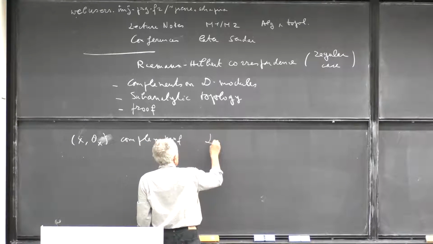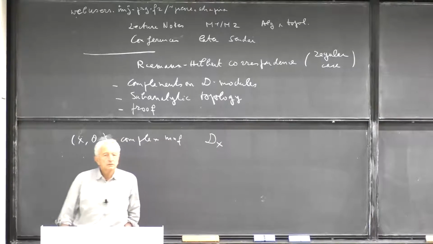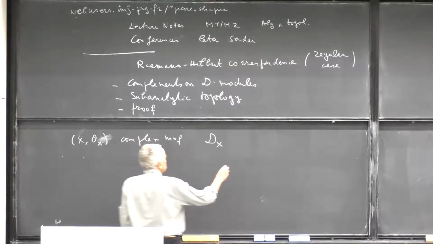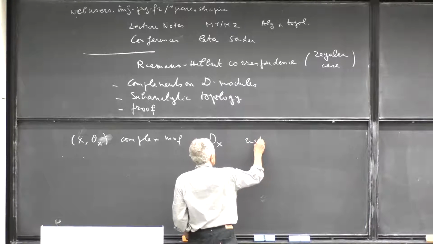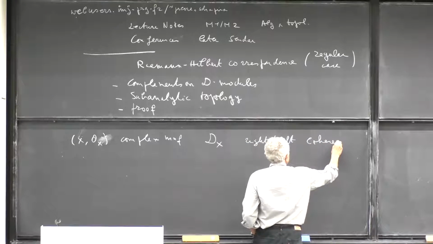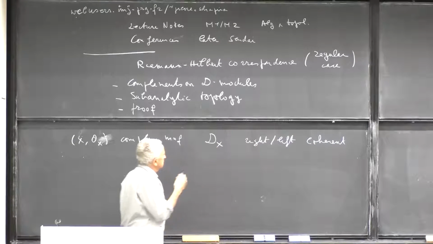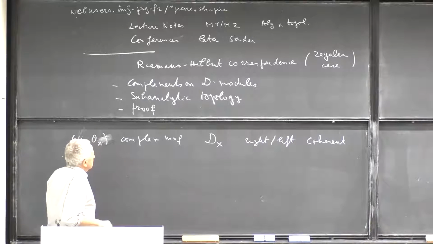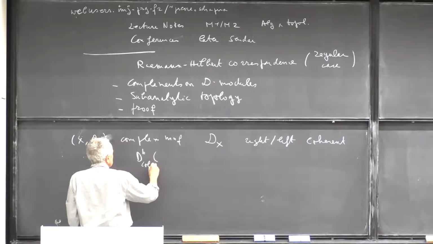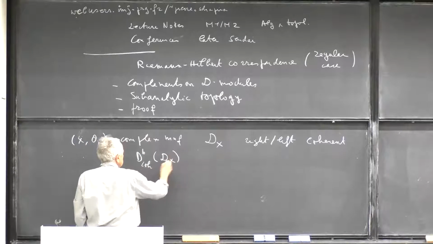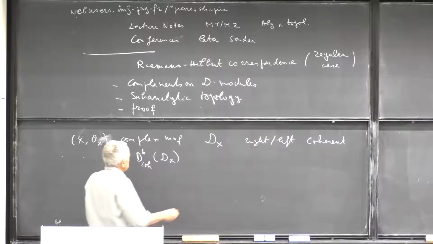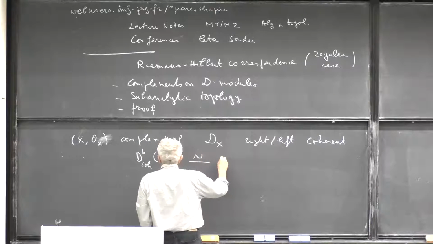On it, DX, as we have seen 2 days ago, is the sheaf of holomorphic differential operators, and we have seen that it is right and left coherent. In fact, in the analytic case, there is something better than coherent. It's called Noetherian as a sheaf. So we have the bounded derived category of coherent D modules. When I write D module, I mean left, but there is an equivalence between left and right.